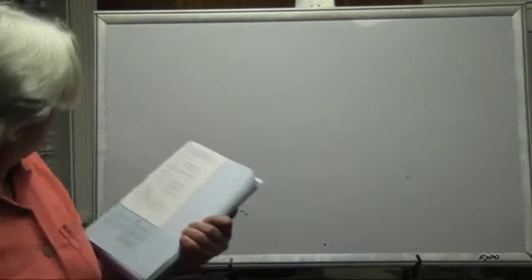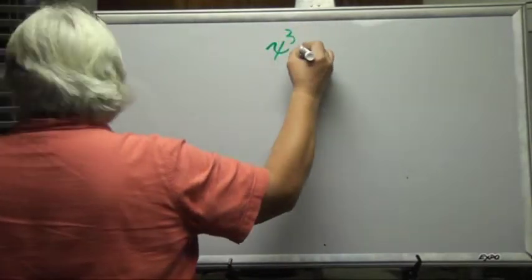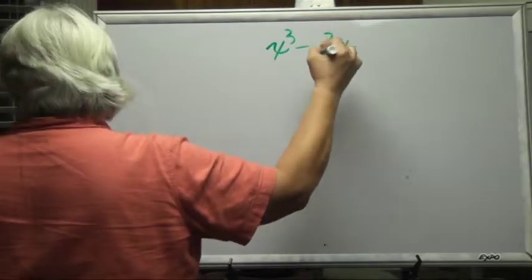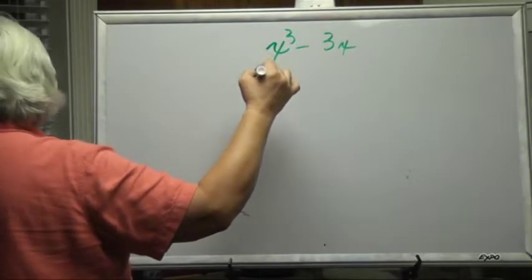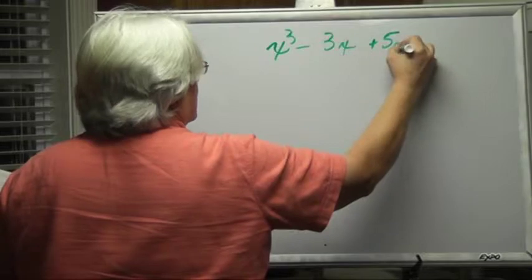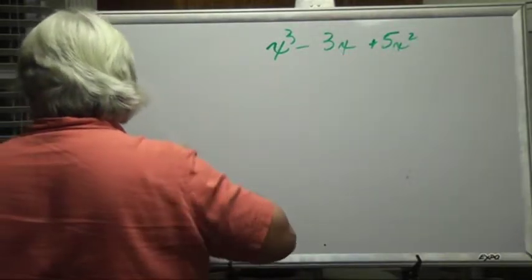Let's go ahead and look at example number 3. Let's see what we have. X cubed minus 3x plus 5x squared minus 15.